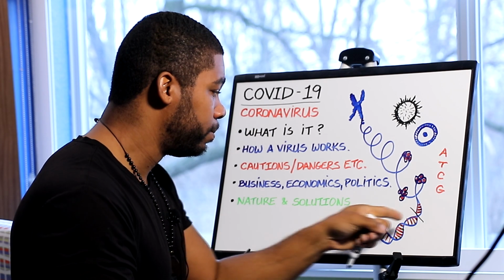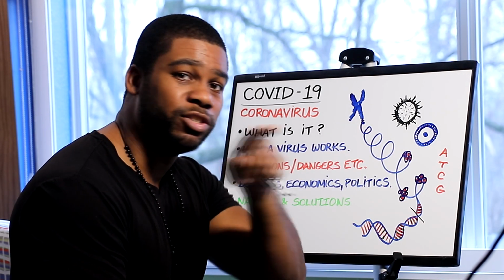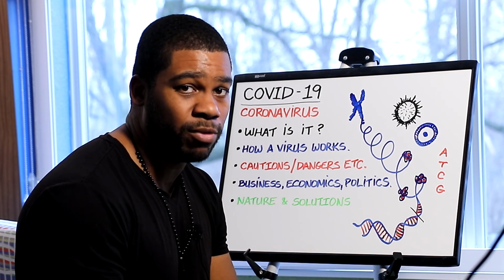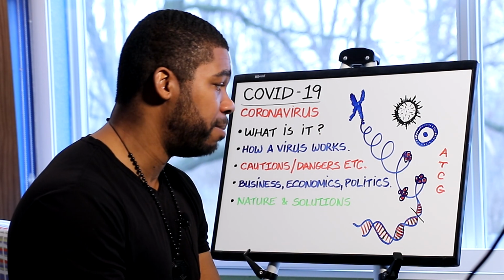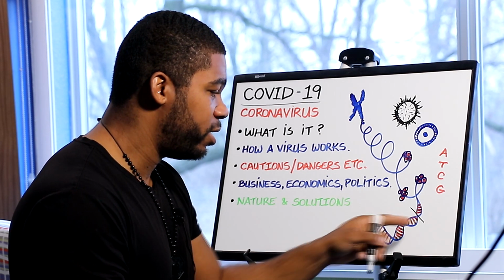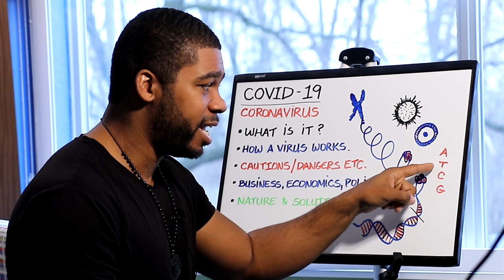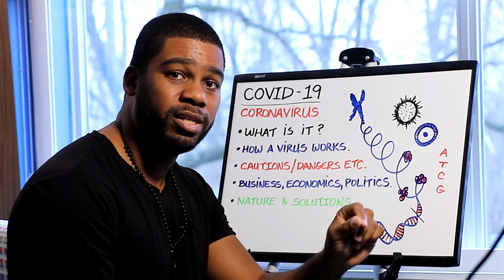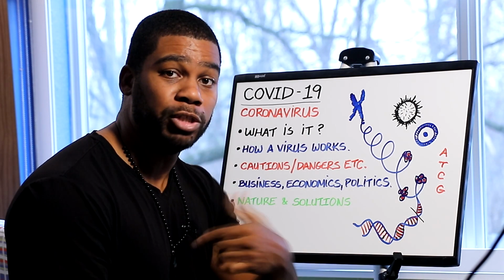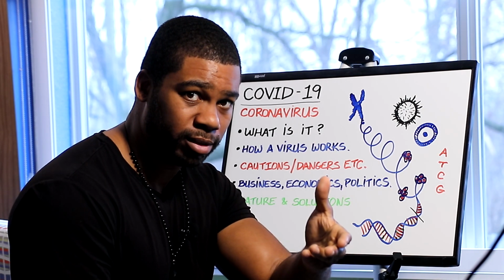And what happens is each rung makes up a sequence of these letters in a certain string. And the string could be as long as it needs to be for whatever specific protein needs to be built. But they'll read the codes on these, and they will translate this A, T, C, G, whatever order it's in, to the amino acids that are necessary to be strung together to make the protein to perform the function.